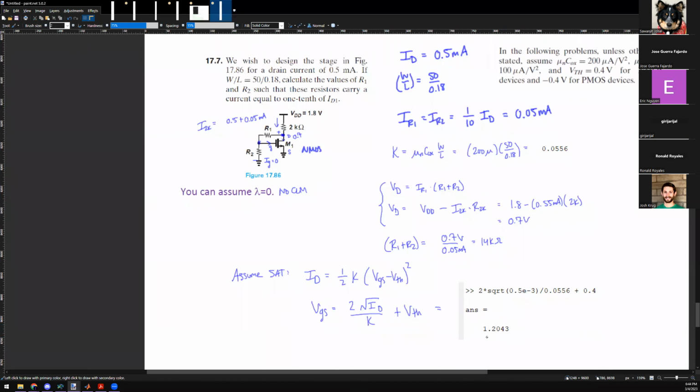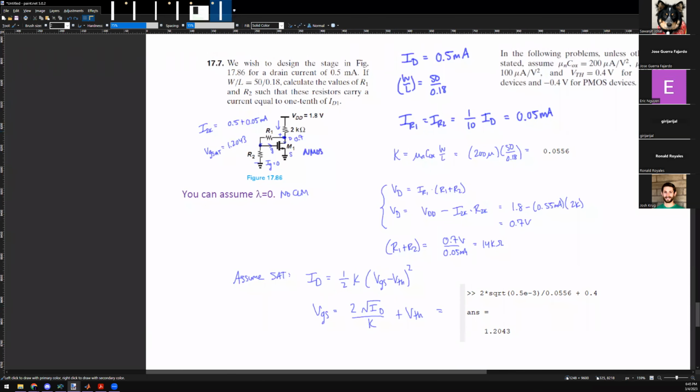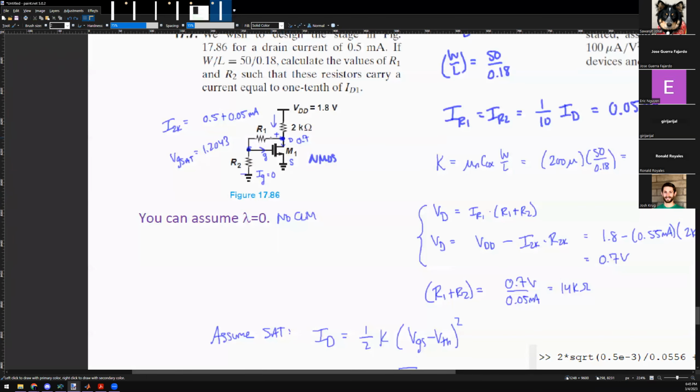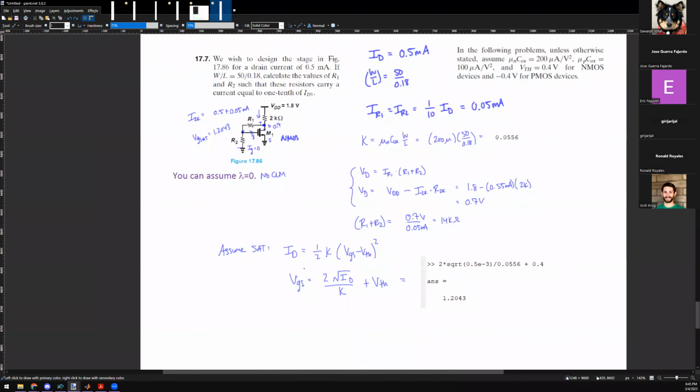The problem though is what? This voltage on VGS, for saturation, would need to be 1.2043. Would you guys agree? That's what this calculates. The problem is that that's not possible because the drain voltage is 0.7. It's impossible for me to get 1.2 volts here with this voltage divider. So am I in saturation?